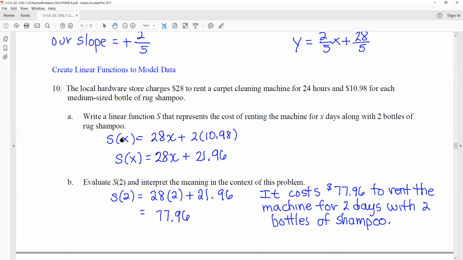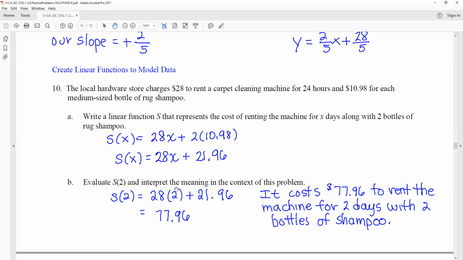So the cost is 28 times the number of days plus 2 times the cost per bottle of shampoo. A little bit of simplification: 28x plus $21.96.